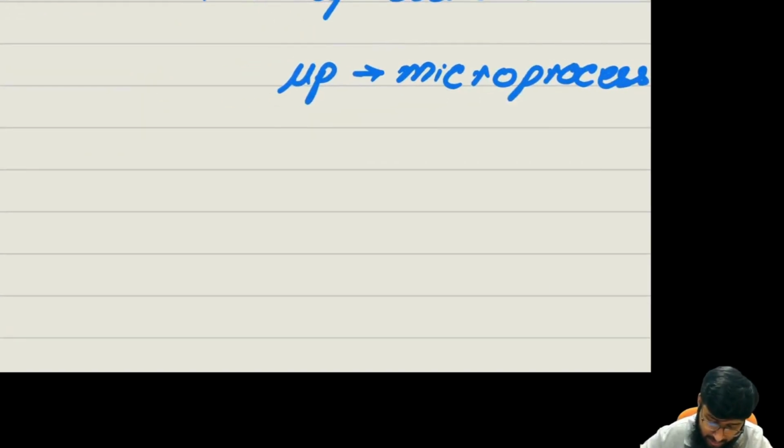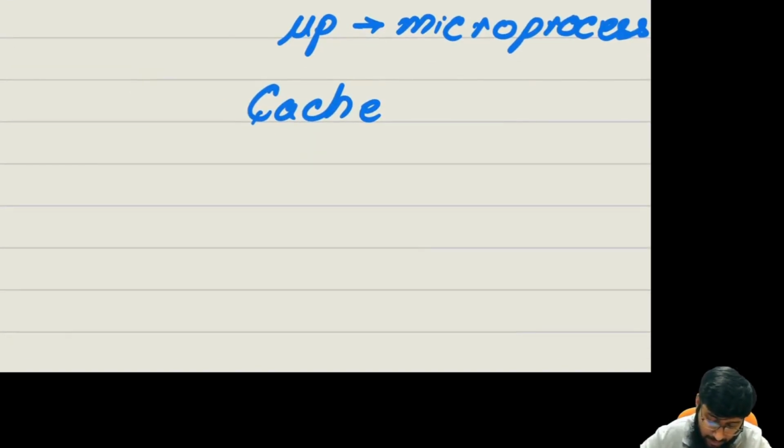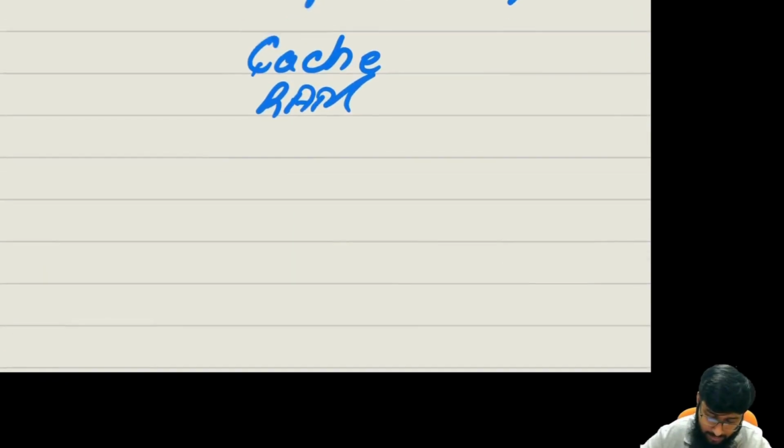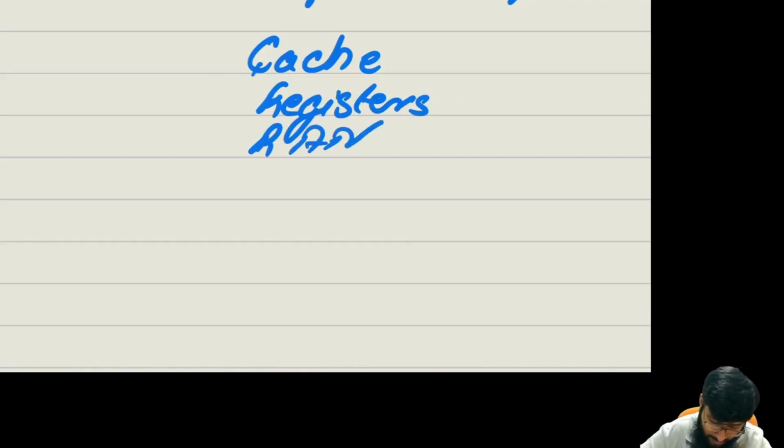Now nearest to the microprocessor we do have a cache. We discussed that in the last session. Just after the cache we do have, sorry, not RAM, my bad, we do have registers, then we do have a RAM, and then we do have secondary storage devices.